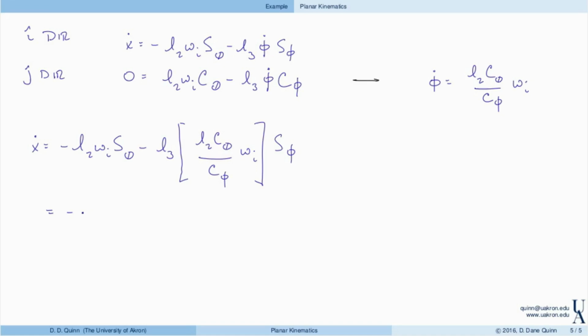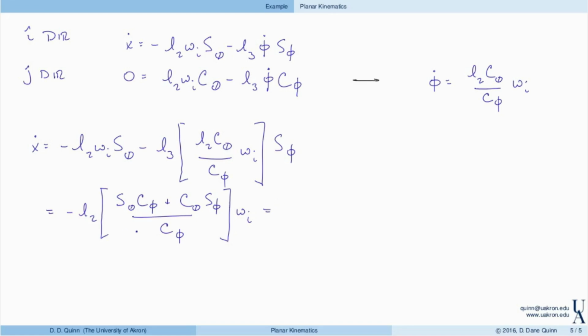And we have minus L2 times sine of theta cosine of phi plus cosine of theta sine of phi, divided by cosine of phi, times omega I. And so again, I'm doing a lot of algebra very quickly. If you would like, you can pause this and try to work all this out. But like I said, I'll just show you the results from all of this.